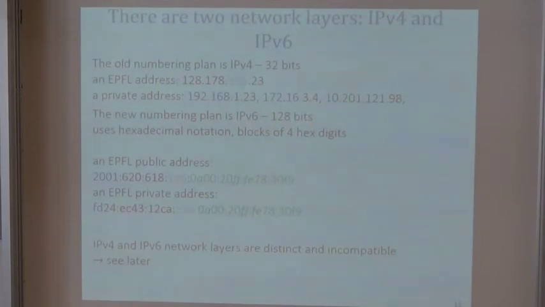Number of devices. What's the number of devices? How much is it? With 32 bits, how many devices can you address? 2 to the power of 32, which is 4 billion. Now, the population of the Earth is about double, and each of us has several devices.